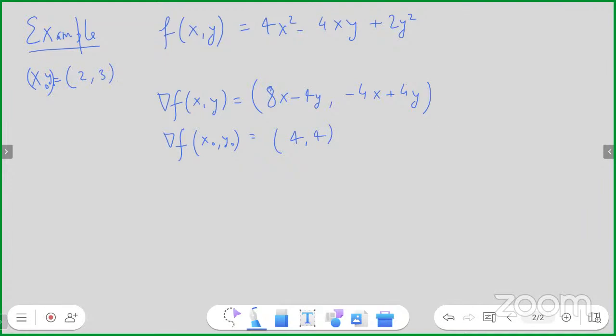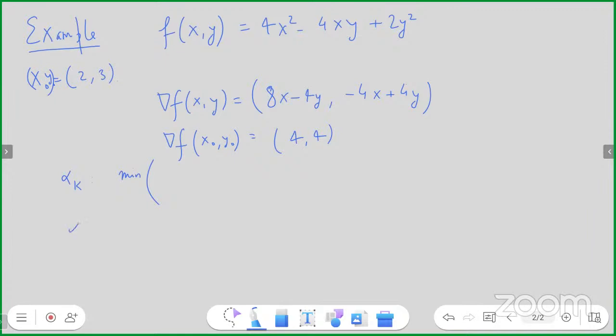Now comes the question of step size. So what will be the step size alpha_k?